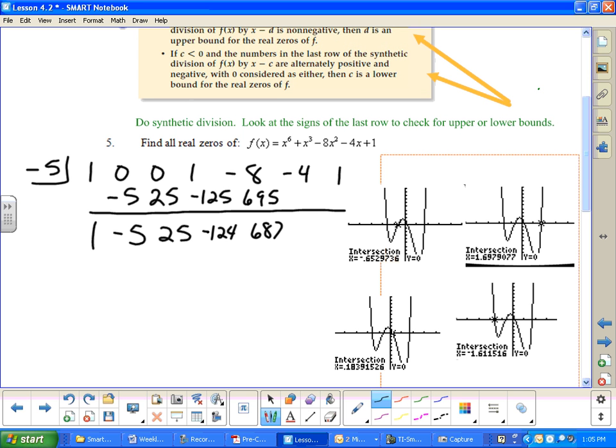Okay. Now, hold on a second before you start pulling out your calculator. I want to simplify this for you. Let's use our heads a little bit so we don't feel bogged down with that.